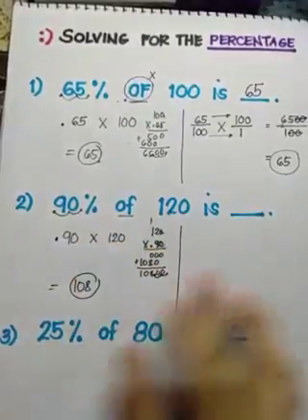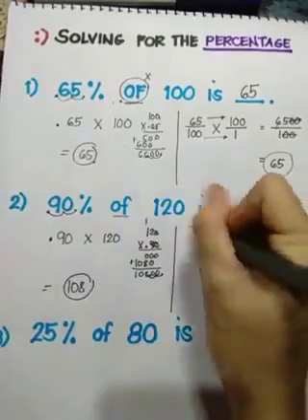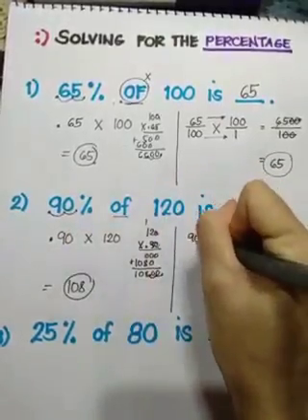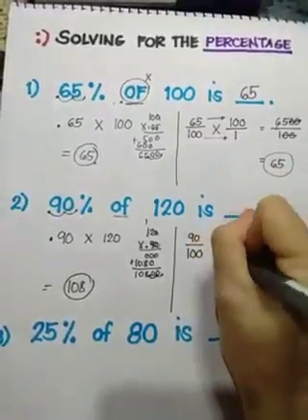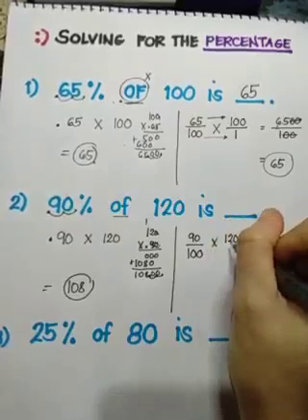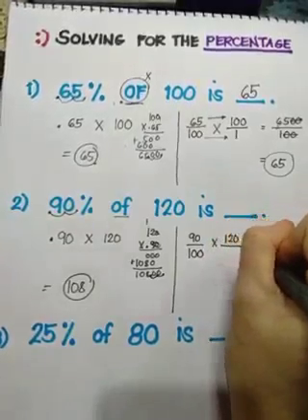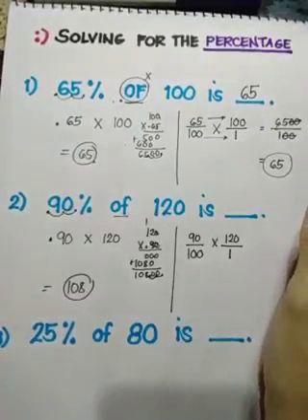Now let's check if the answer is the same in fraction form. We'll make 90 a fraction by adding a denominator of 100 and then multiply by 120. Since 120 is not yet a fraction, we put a denominator of 1.